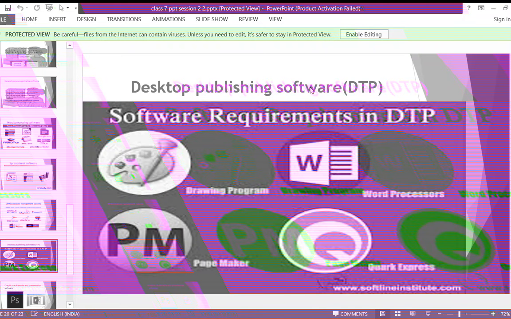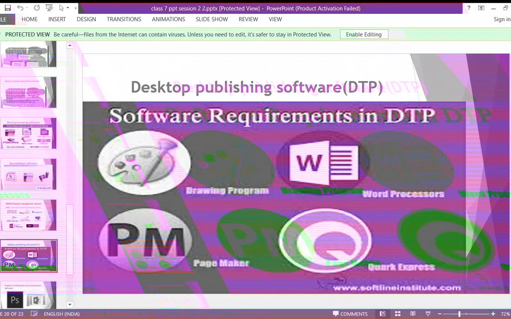So this is desktop publishing software. It is one of your system software, and it is used for designing books, journals, brochures, newspapers. Whatever the information is in the book, you get the PDF soft copy before getting the hard copy, in your Chrome.